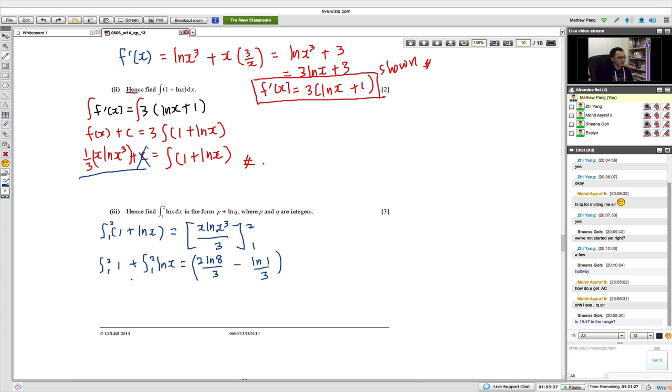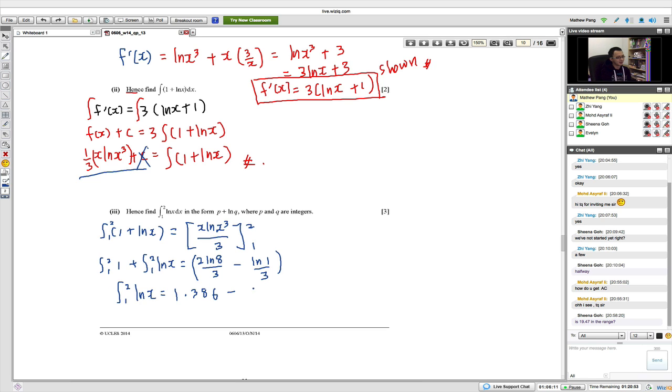So therefore, integrate ln x from 1 to 2. This one, yeah, you have to use the calculator for this one. 2 multiplied by ln 8 divided by 3 minus, ln 1 over 3 is 0. So basically over here you get 1.386 minus, I integrate this one.